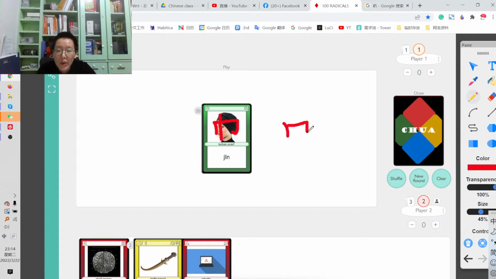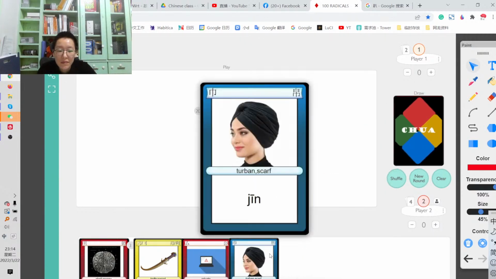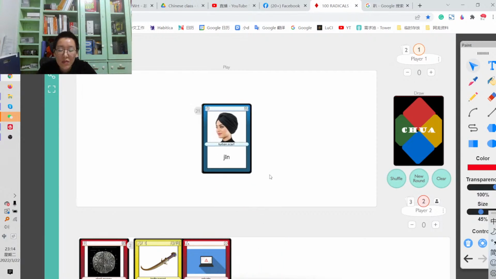Okay, when we write in the middle. Okay, 巾. 巾, change to blue.